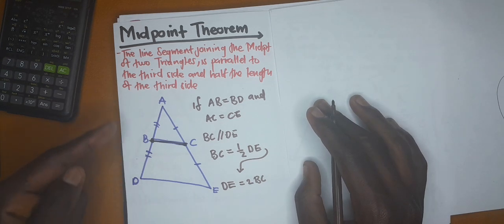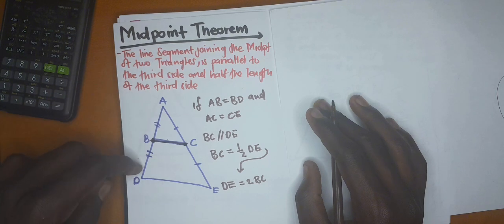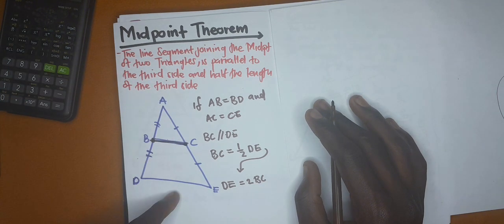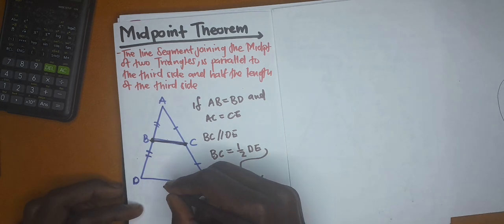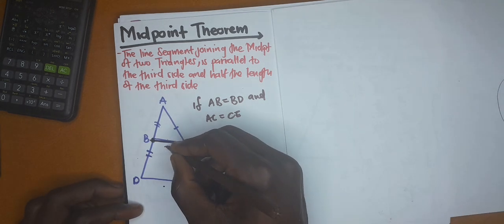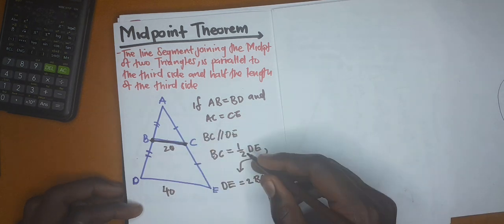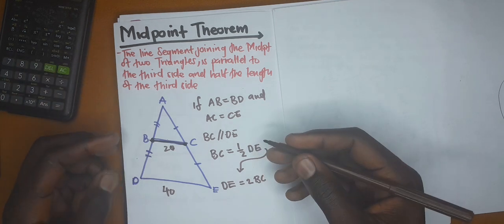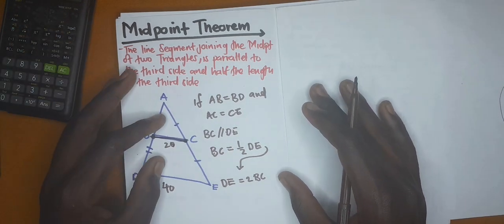So whenever you are given that this one is equal to this one and this one is equal to this one, then you can conclude that this side is parallel to this, and if we are given that this one is 20, this one is going to be 40. Perfect. So this one is half, this one is twice. Whenever you are given that these two are equal. So that's the midpoint theorem.